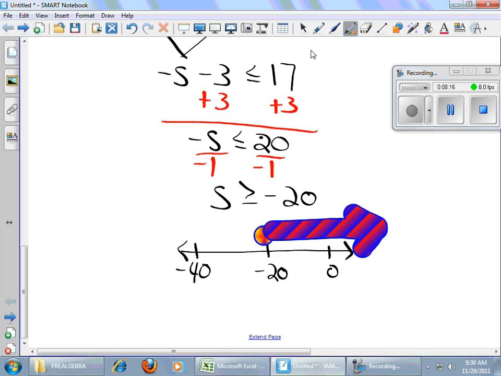Makes it easier to read. Just make it clear that the shading goes on forever. Put an arrow on it. Let me know which direction you're shading. And of course, you have a closed point at negative 20 because it is a part of the solution. That is, if I plug in negative 20 greater than or equal to negative 20, is that a true statement? It sure is. So it must be a part of my solution.